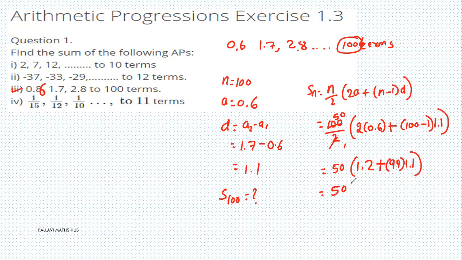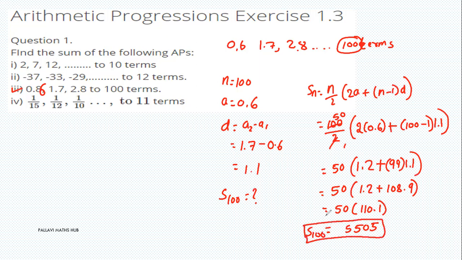Next step, 50 into 1.2 plus 99 into 1.1 is 108.9. Now add this one, we'll get 50 into 110.1. Simplify this one, you will get 5,505. So the sum of the 100 terms is equal to how much?